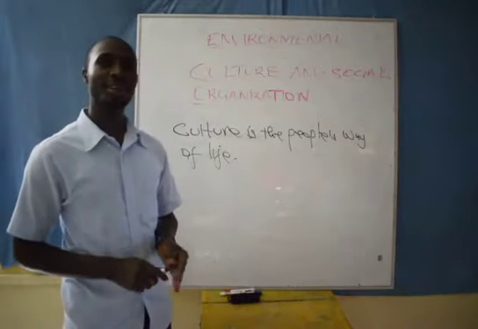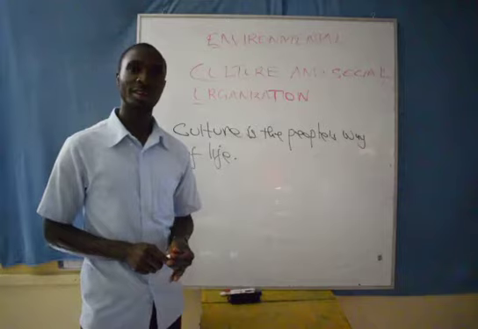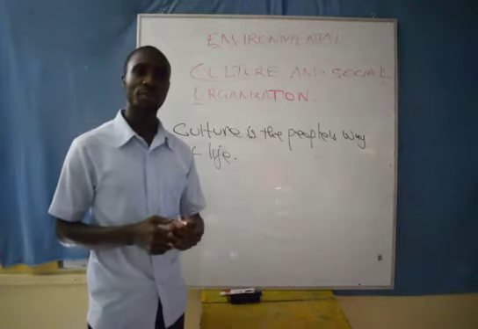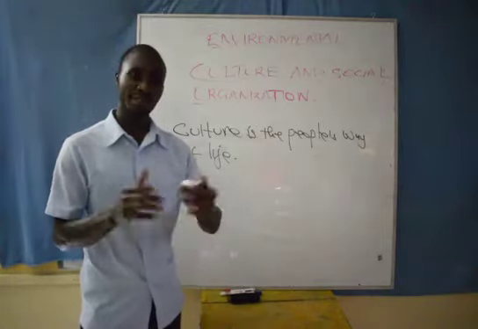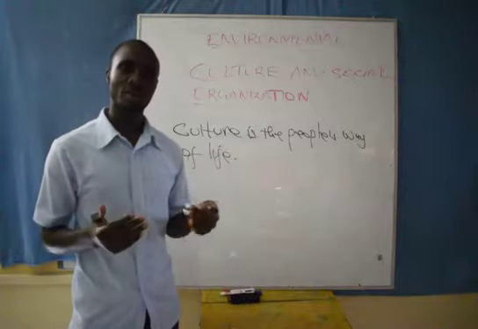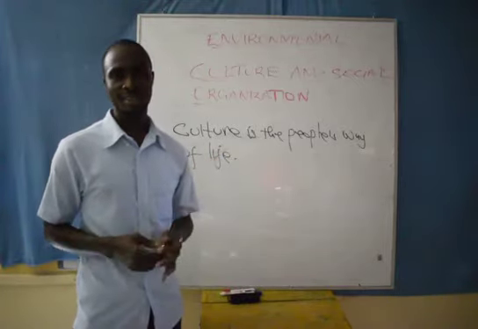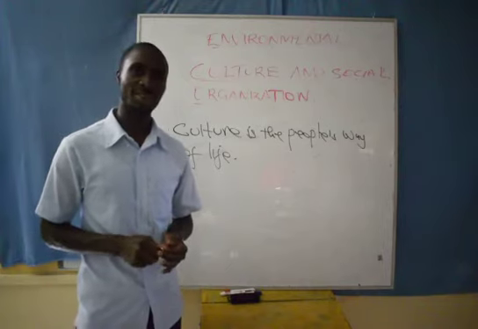Now class, let us see the different aspects of culture practiced by different communities in Kenya. And before I highlight those ones, class, let me ask you this question. Have you ever seen people wearing clothes, for example, animal skins or hides and skins?